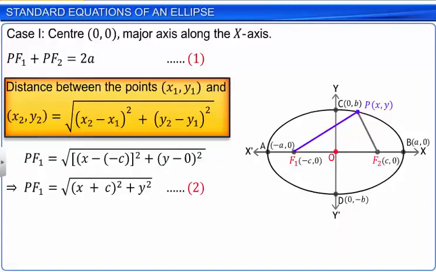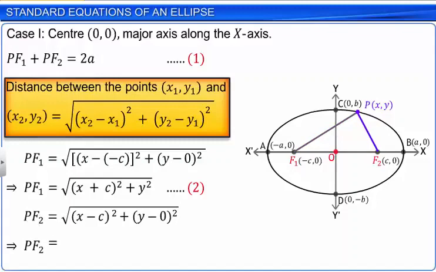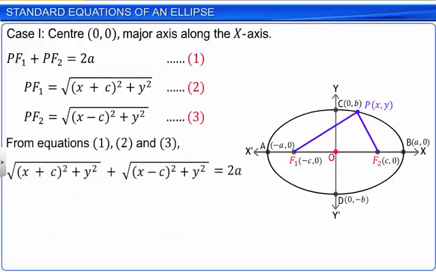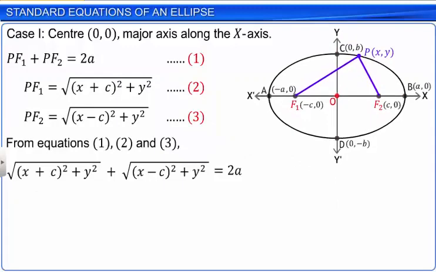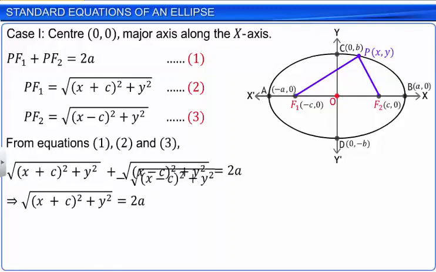Similarly, using the distance formula, we get distance PF2 is equal to under root x minus c whole square plus y square. Let us substitute the values of PF1 and PF2 from equations 2 and 3 in equation 1. Rearrange the equation. Square both the sides of the equation.